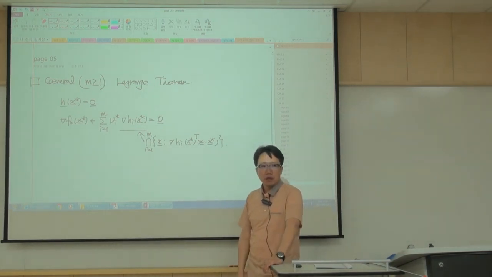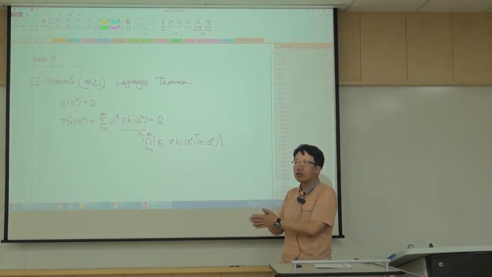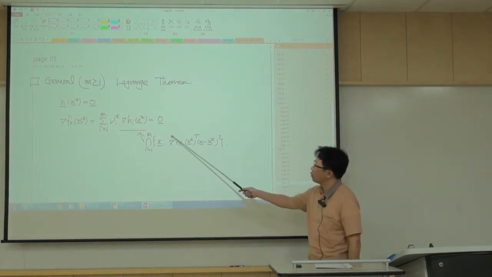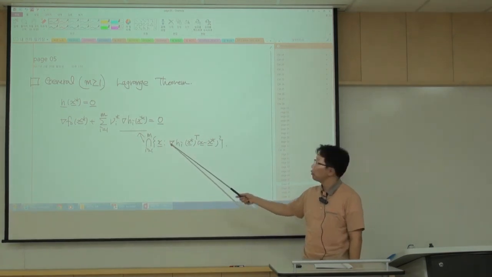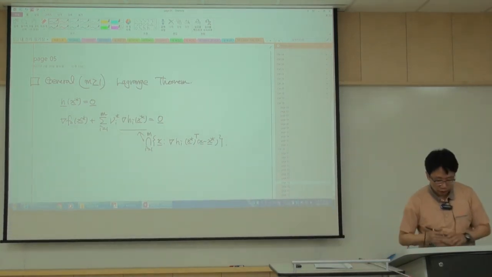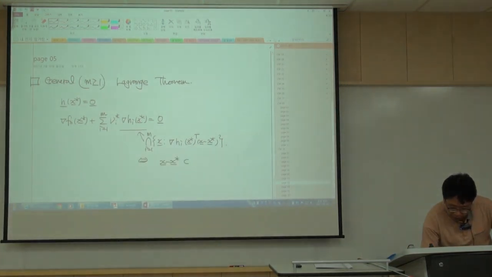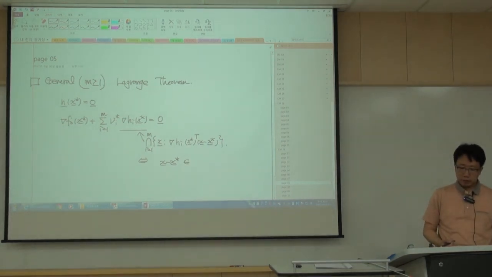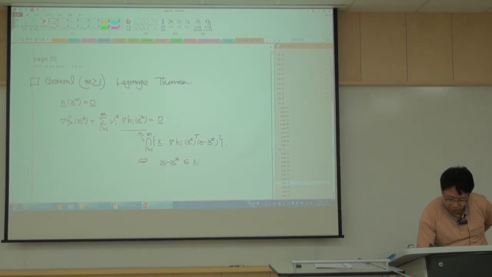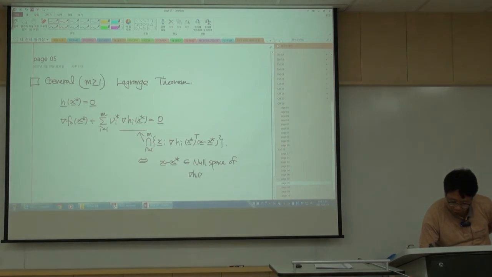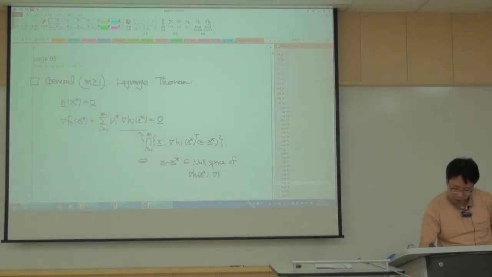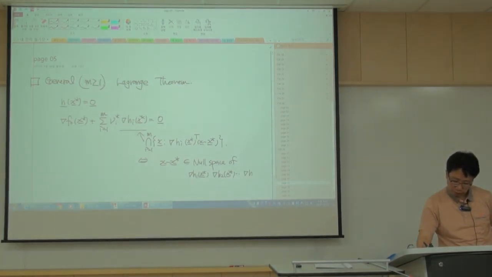You can move only in the direction that is orthogonal to each one. So this is the same as saying x minus x star is a member of the null space of gradient h1 x star, gradient h2 x star, up to gradient hm x star.